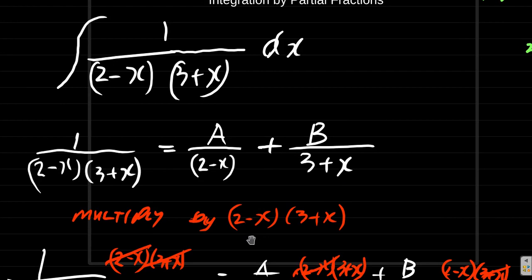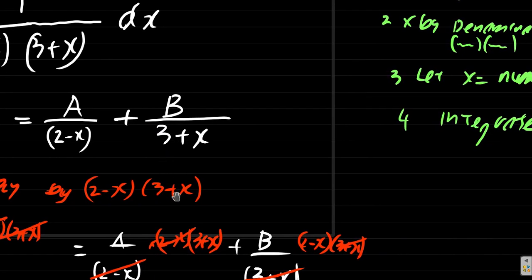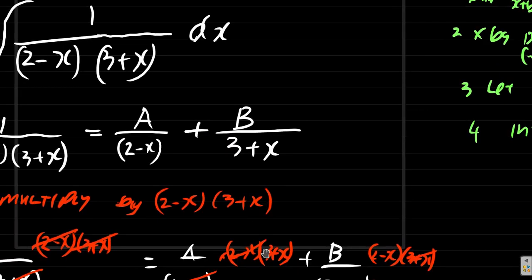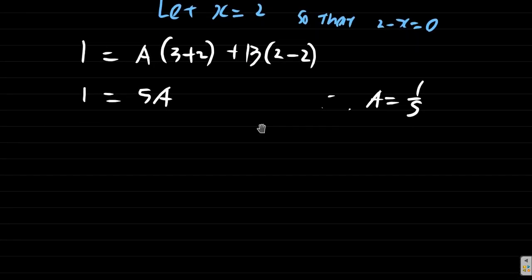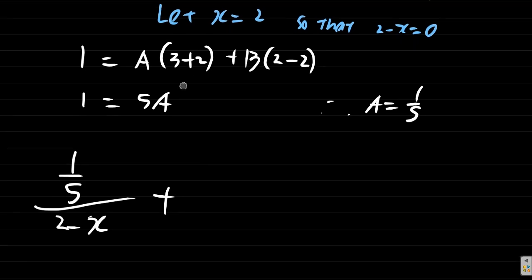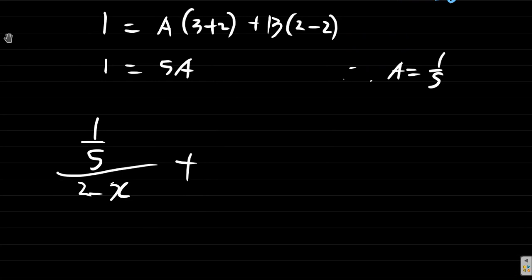You'd have 1/5 over 2 minus x, 1/5 over 3 plus x. Let's write it up here. Or I can try and remember. 1/5 over 2 minus x, plus 1/5 over 3 plus x.